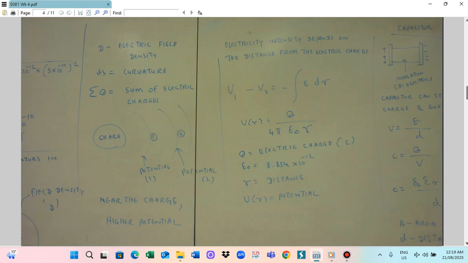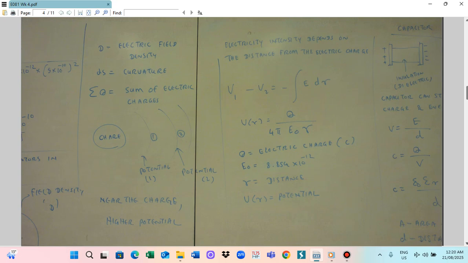So the unit will be the Coulomb. And E0 is a constant, 4π multiplied by 8.854 times 10 to the power minus 12. R is the distance, and V(R) is the potential gradient.